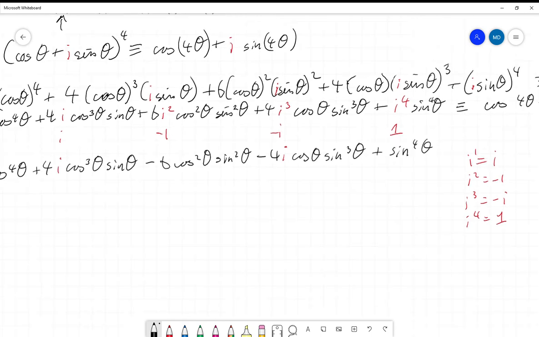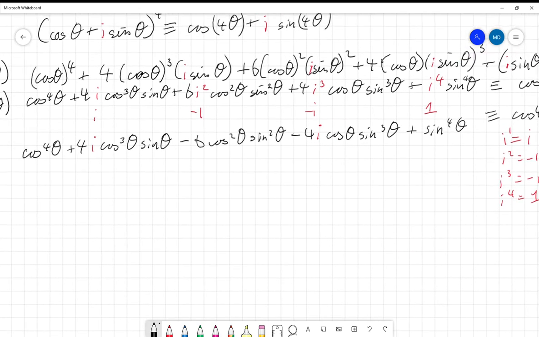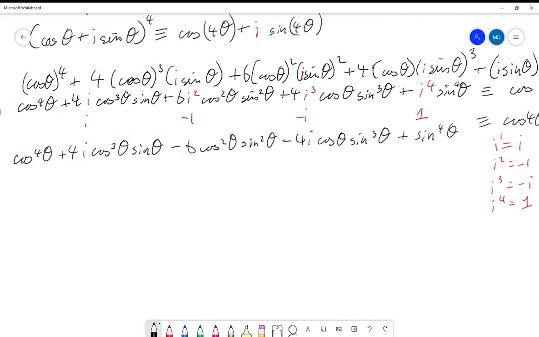And as I've said every time, that's just equivalent to cosine 4 theta plus i sine of 4 theta. And then we just need to finish it off. All we have to do is collect the real parts and the imaginary parts.